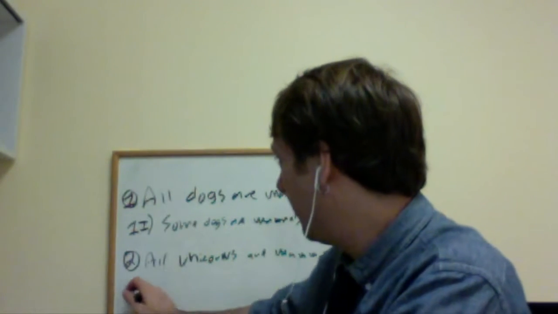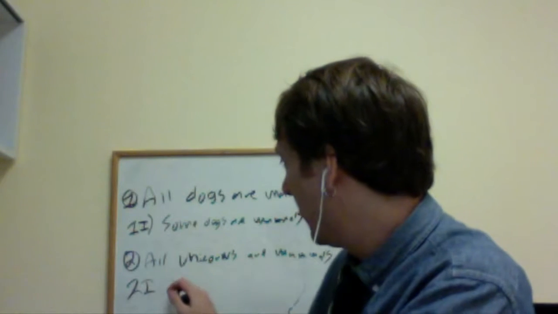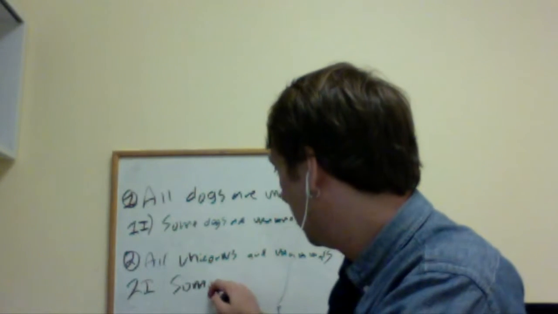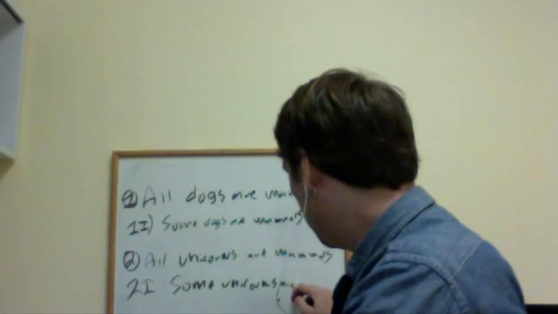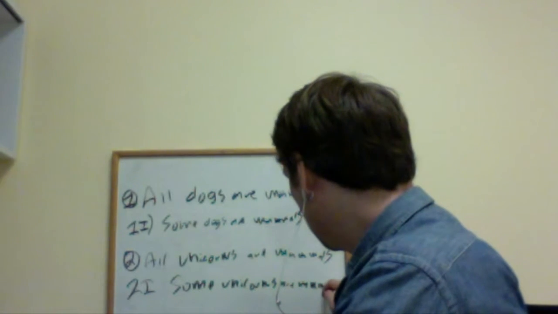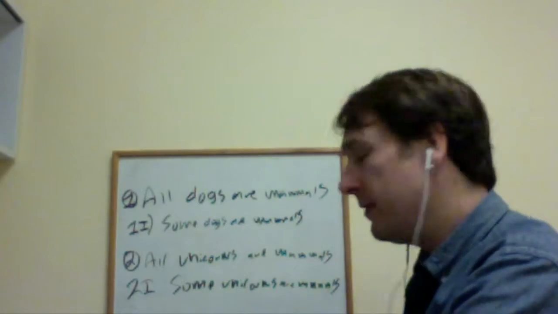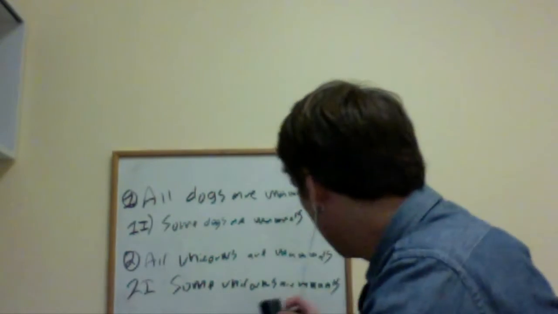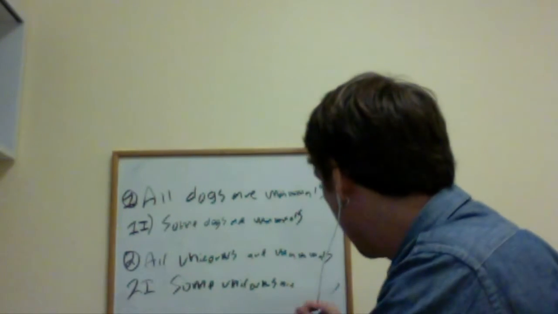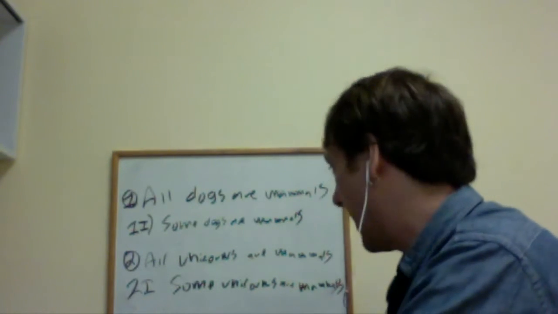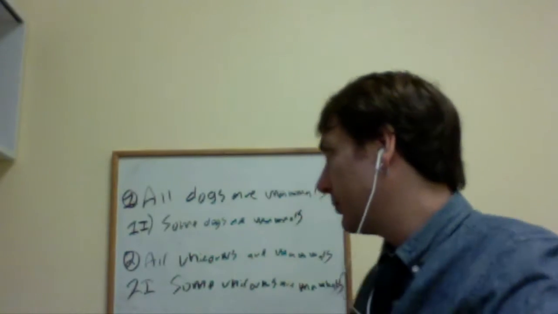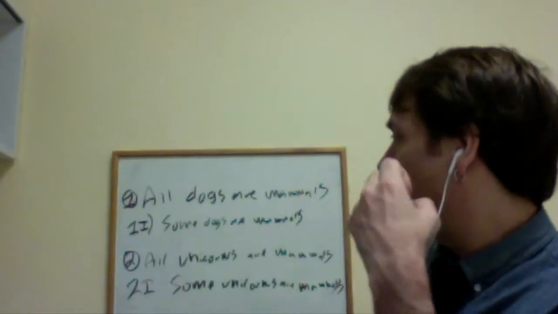And down here for 2I, we would have some unicorns are mammals. Okay. Let me just rewrite that. Mammals. Okay. So some dogs are mammals.